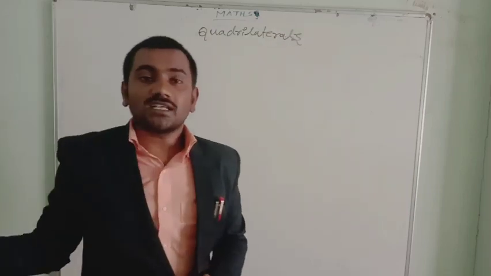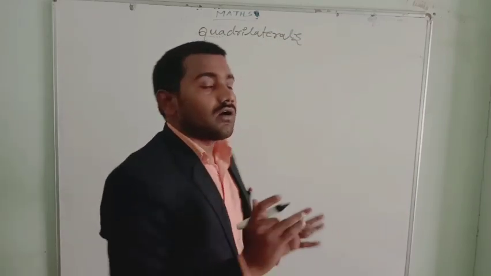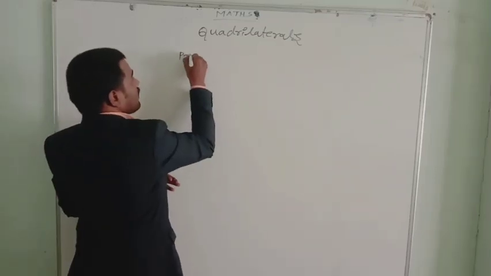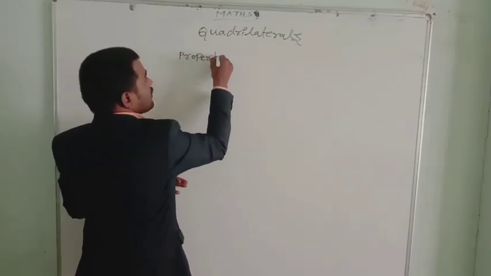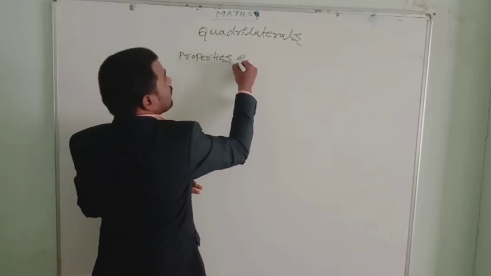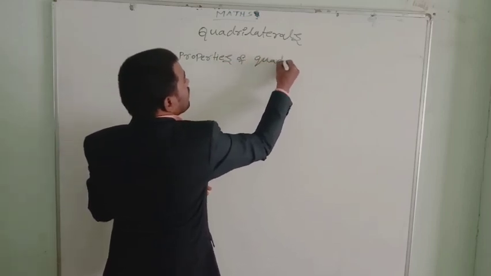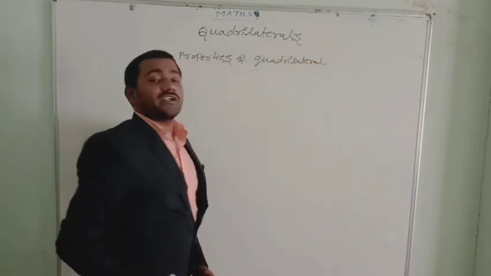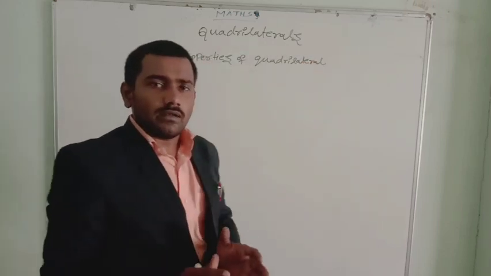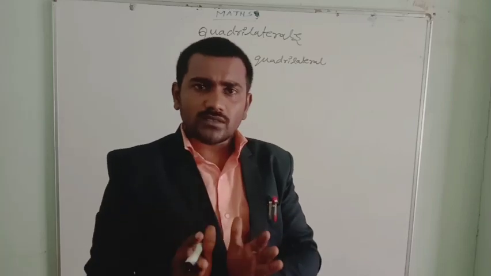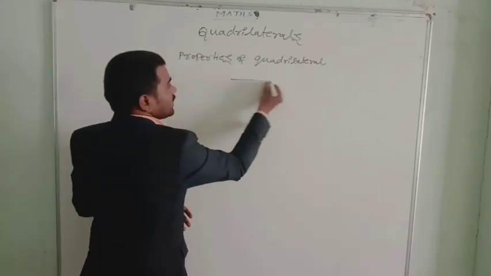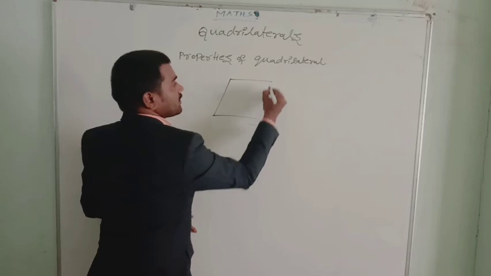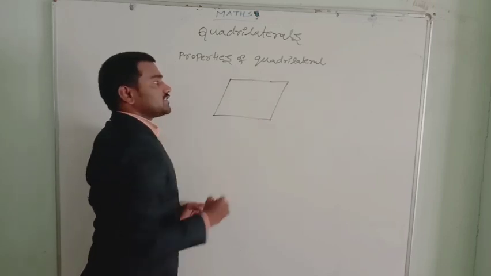So, first of all, let us learn what the properties of a quadrilateral are. What? A quadrilateral can have properties? Yes, absolutely. Let's see. Let's make a simple closed figure with 4 line segments.